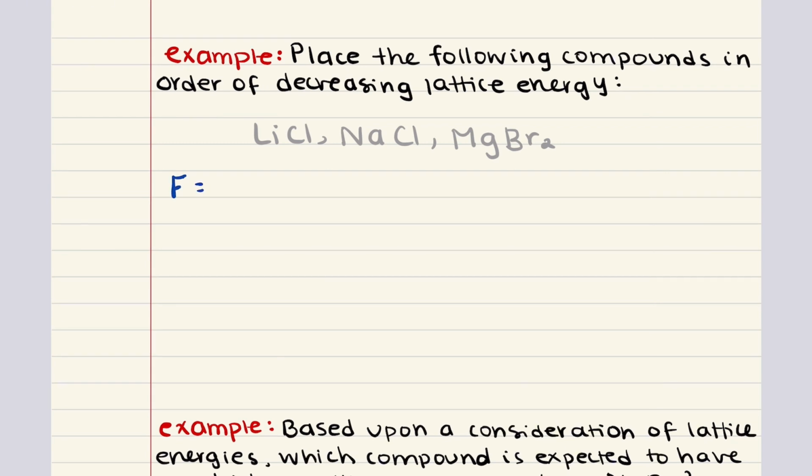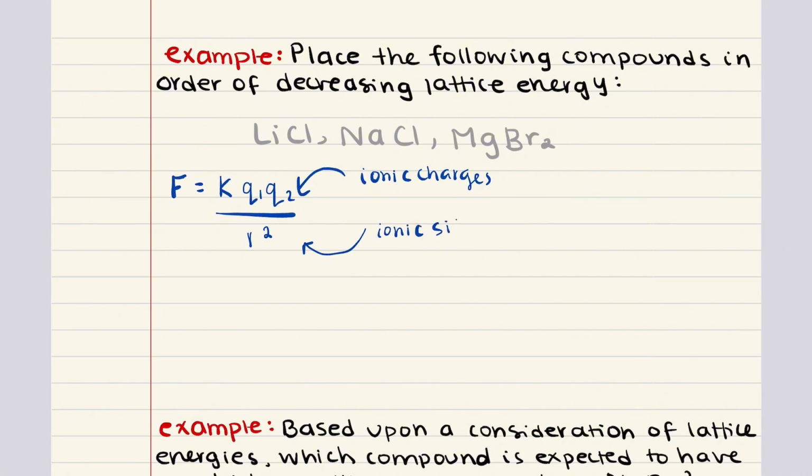The force of attraction or repulsion is equal to the proportionality constant multiplied by Q1, Q2, over R squared. Now the numerator here, Q1 multiplied by Q2, deals with ionic charges, and the denominator R squared deals with ionic size.